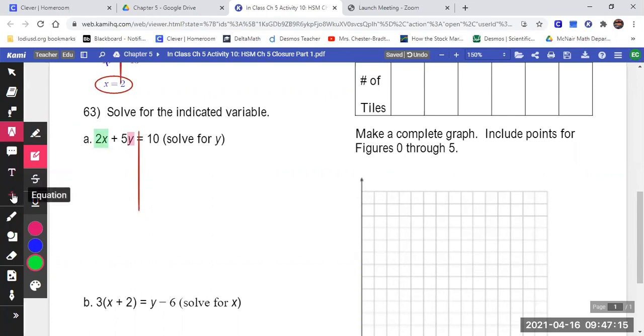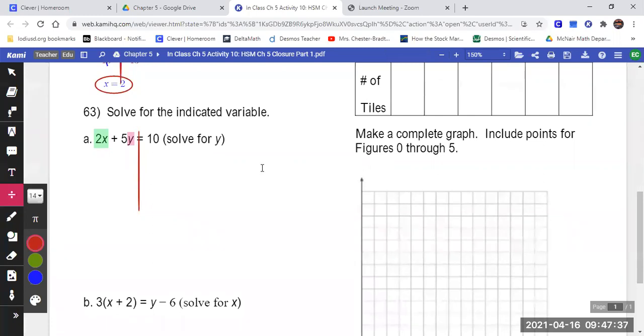So what are we going to do to that 2x to make it a 0, to big zero it and get it out of there? Subtract 2x from both sides, yeah.